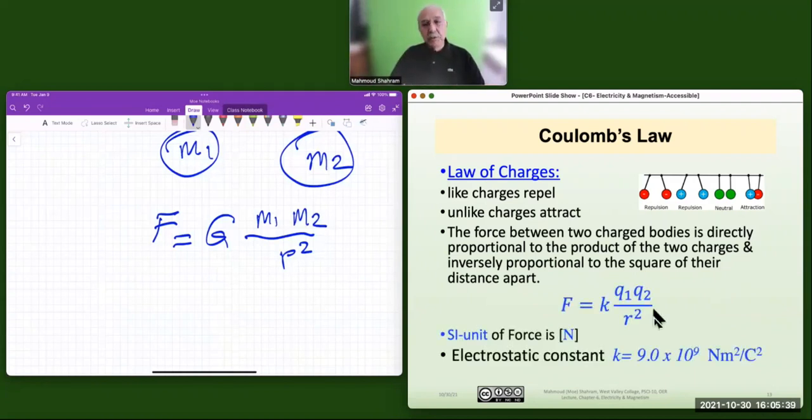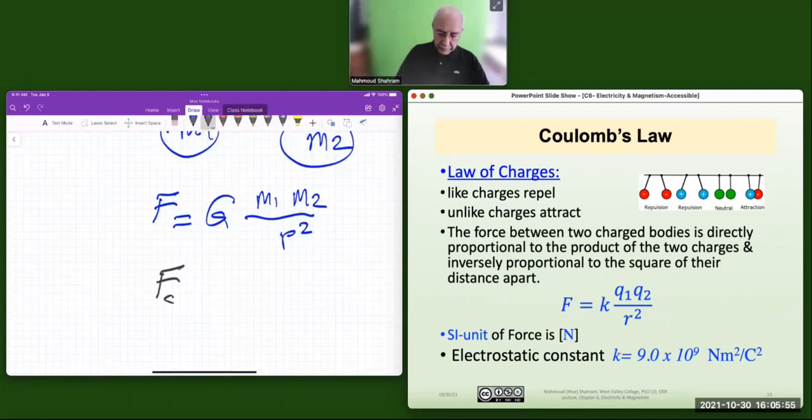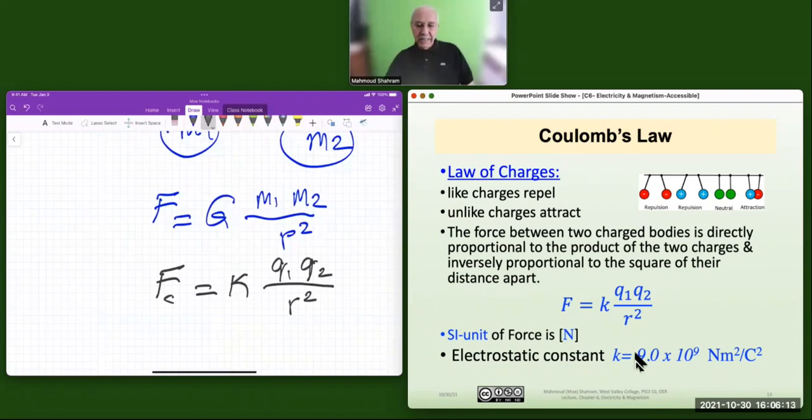In the case of the Coulomb force, or electrical force, the Coulomb force is equal to some constant k times the charge of the first particle times the charge of the second particle divided by r squared. So you can see the resemblance and similarity, but there are a lot of differences too.